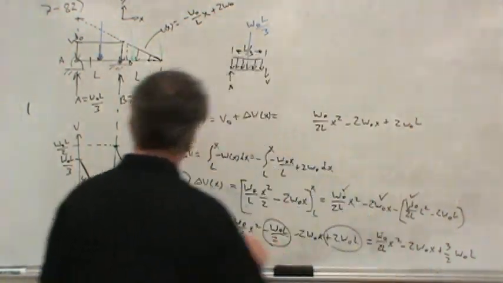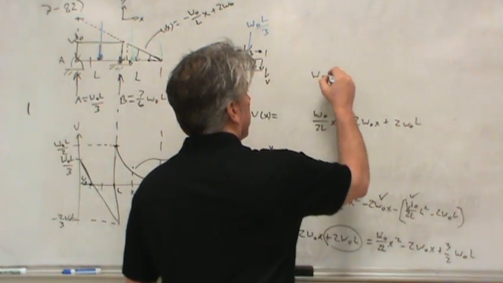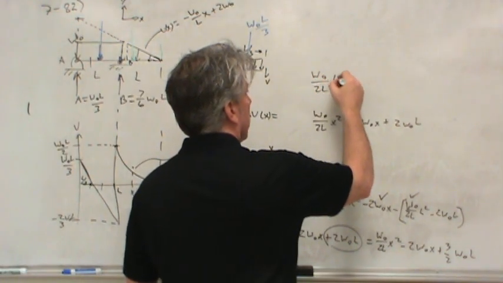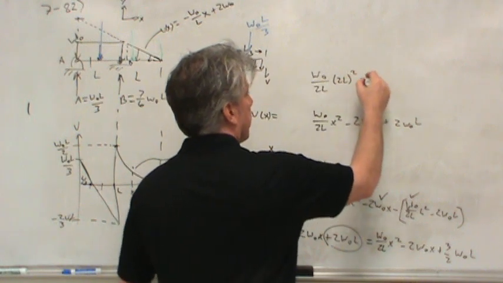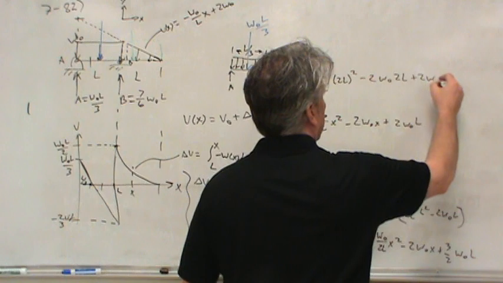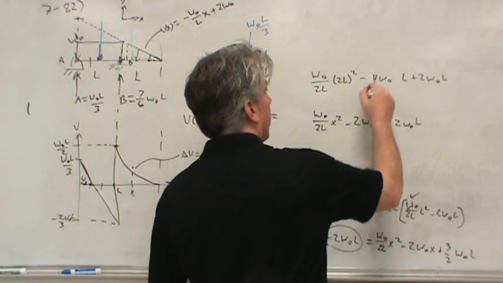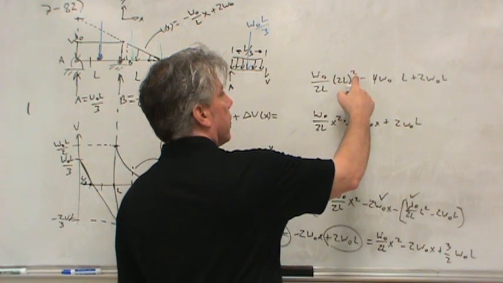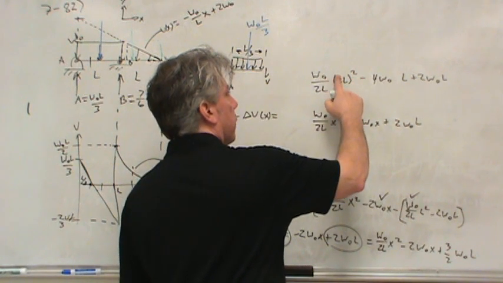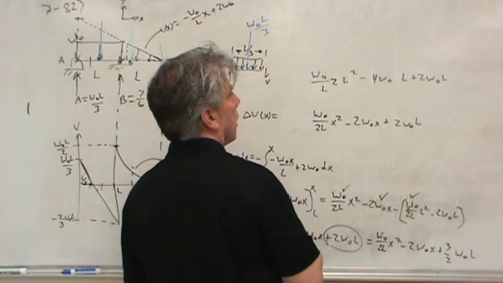Let's double check x equal to 2L. If x is 2L, W naught over 2L, 2L quantity squared, minus 2 W naught 2L plus 2 W naught L. Now let's see, 2 squared is 4, 4 over 2 is 2, okay.